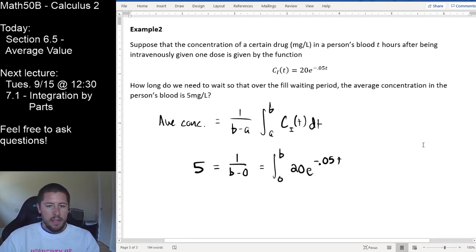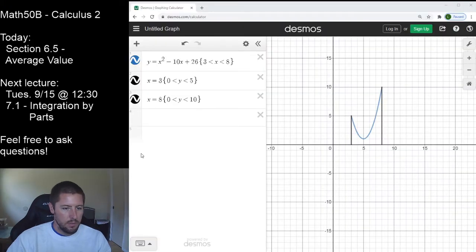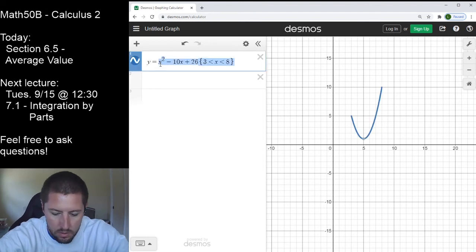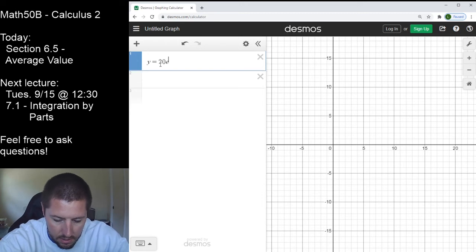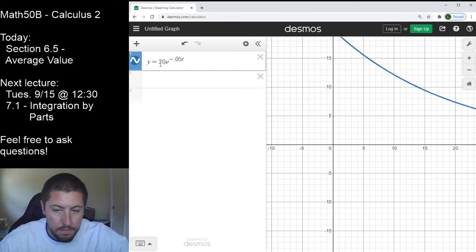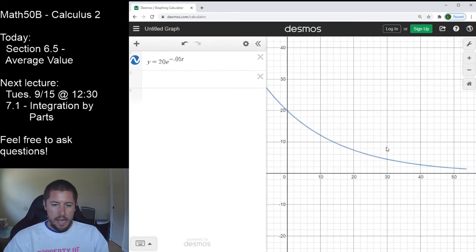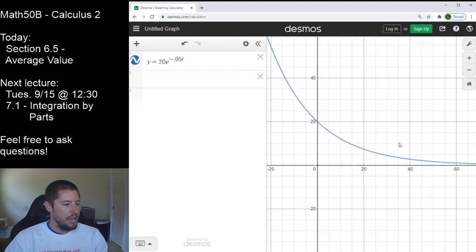And so here's the thing that I'm kind of picturing. I want to pop back over to Desmos before we actually do this so that we can make our estimate. I should keep this graphical right here. So if I come over here in this problem, we are interested in our 20e to the negative 0.05t. Hopefully what we all remember from algebra class is that we have this exponential decaying function.